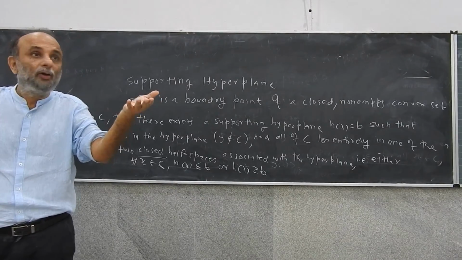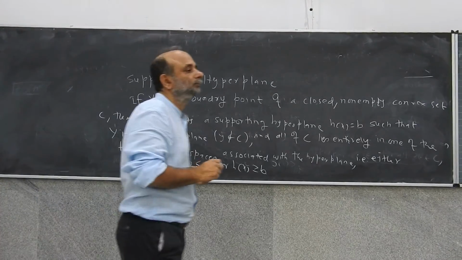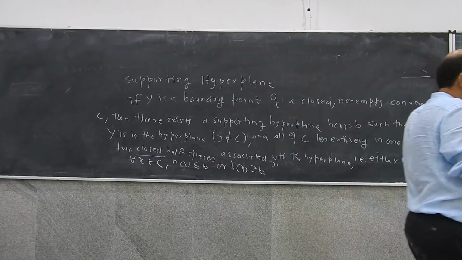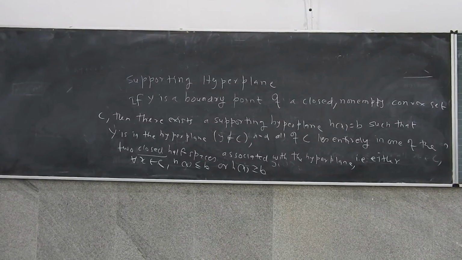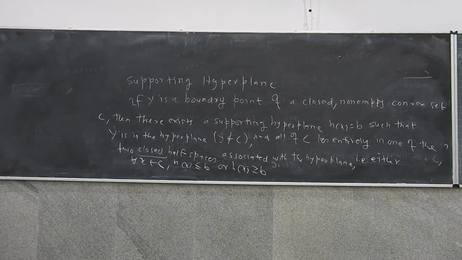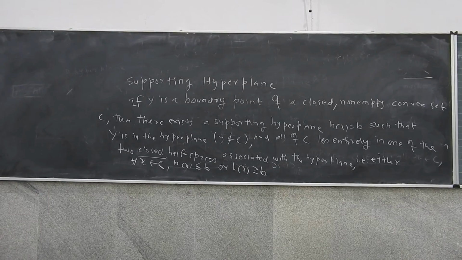Right? What does this statement mean? When I say that the set of all consumption bundles which are at least as good as x is convex, what does it intuitively mean?